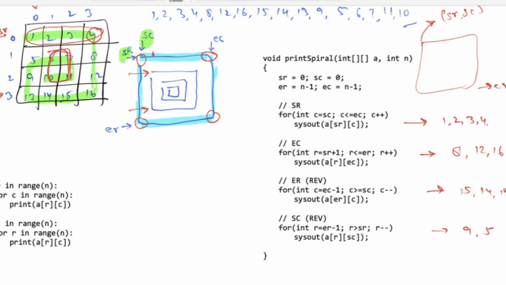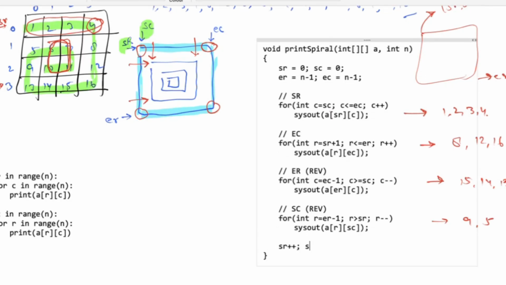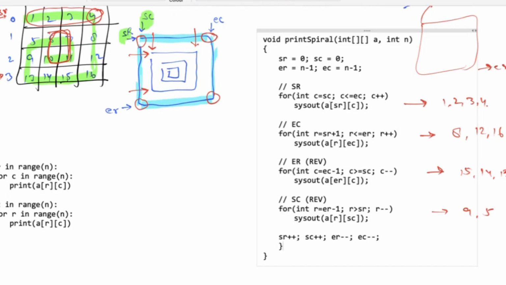The first column will be starting column plus 1 and the last column will be end column minus 1, right? So we just need to do starting row plus plus, starting column plus plus, end row minus minus, and end column minus minus. All right. And then repeat the same thing.